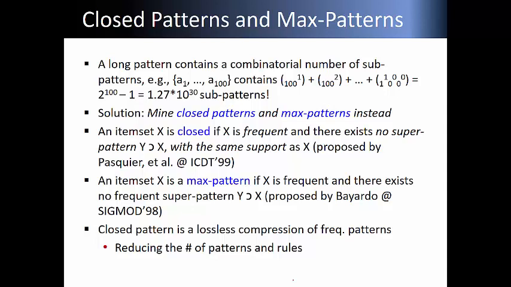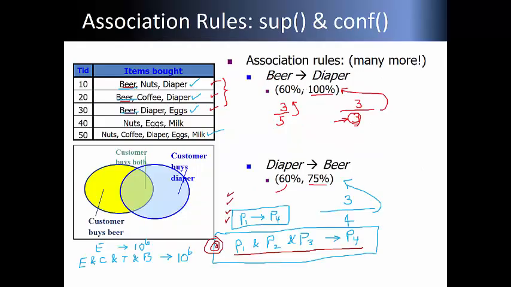A long pattern contains a combinatorial number of sub-patterns. Let's say if we have 100 attributes, how many sub-patterns are possible in theory? One pattern describes over only one attribute, so out of 100 attributes, only one. That is the case that we looked at here, right?